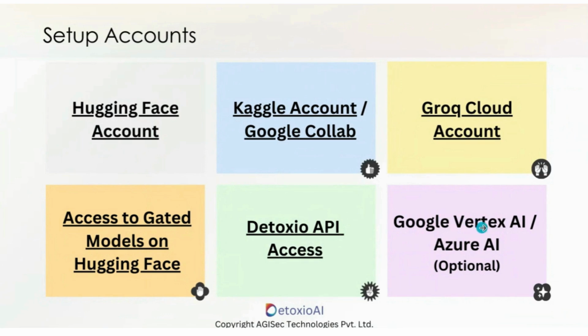And finally, which is optional, you can also have an account on Google Cloud and apply for Vertex AI, or have an Azure AI account, or even an AWS Bedrock account if you want to run your models on your enterprise cloud. So let's get started with the Hugging Face account.